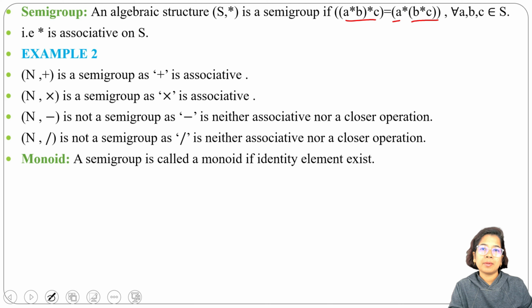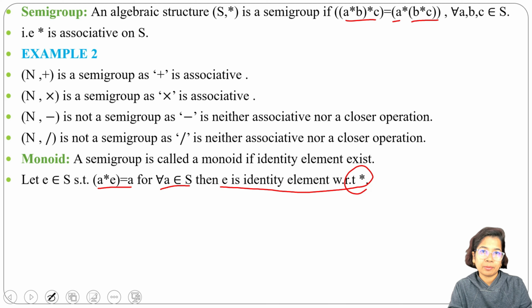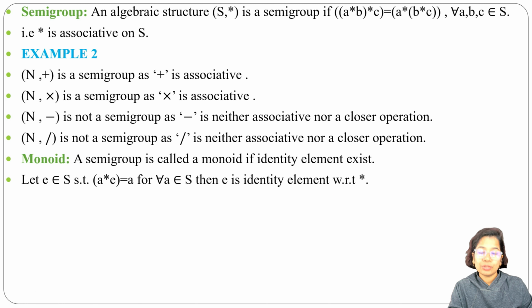Any number multiplied by 1 will give the same number. So a star e equals a for all a belongs to S. Then e is the identity with respect to star. This star can be any binary operation. It can be addition, subtraction, multiplication, anything. So for monoid, it should be closure, associative and identity.